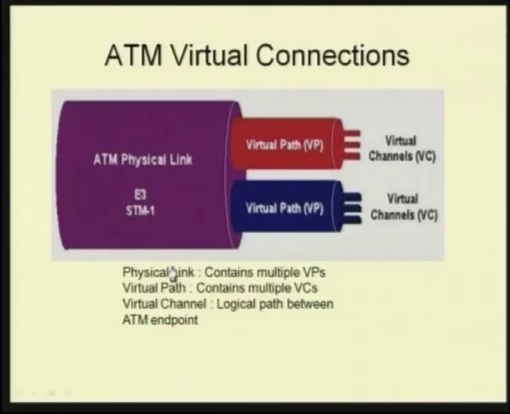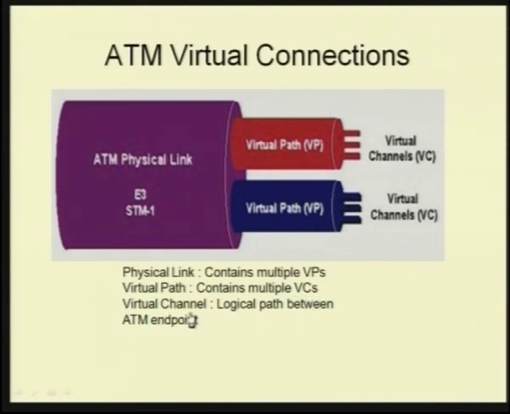If you look at ATM virtual connections, you will see that it uses two types of virtual circuits. It refers to what are called virtual channels, and then virtual paths. The relationship between the physical link, the virtual path and the virtual channel is this: the physical link contains multiple virtual paths, and each virtual path can contain multiple virtual channels.